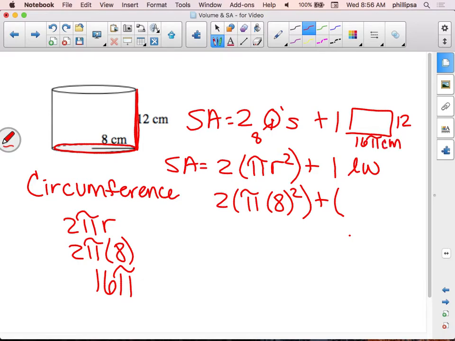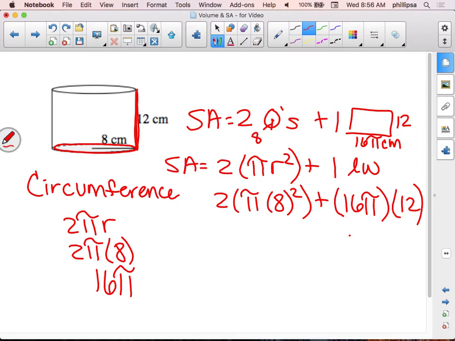So you don't have the length of your rectangle in terms of just a number, it's in terms of the circumference of the circle, because that's what's wrapping around it. So the length will be 16 pi, and your height or your width, whatever dimension you want to call it, would be 12.